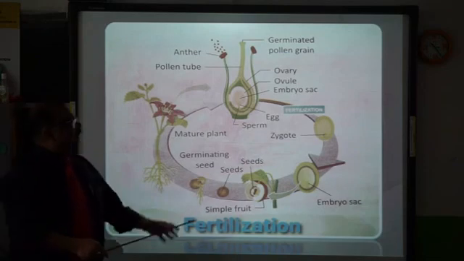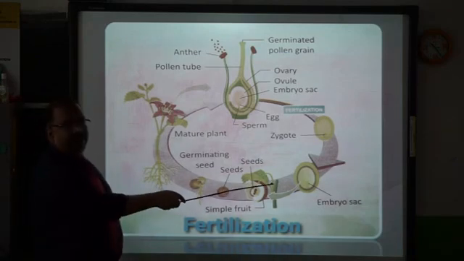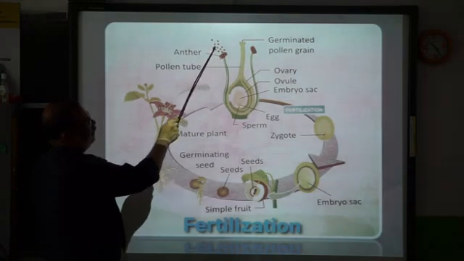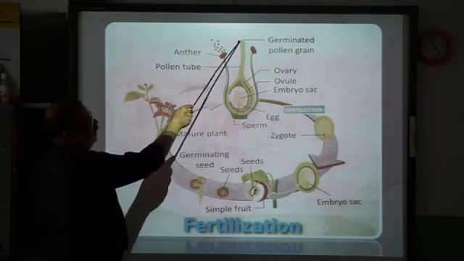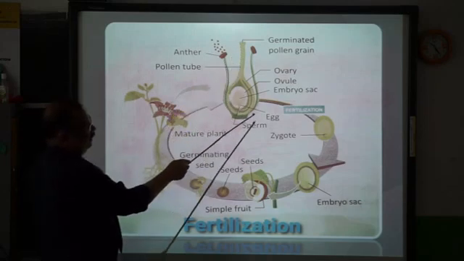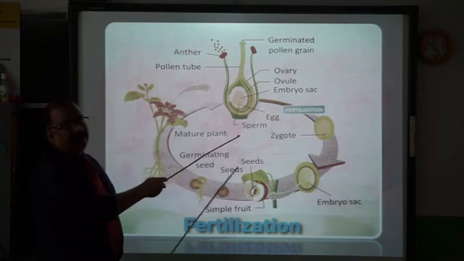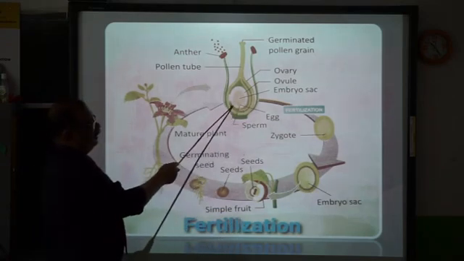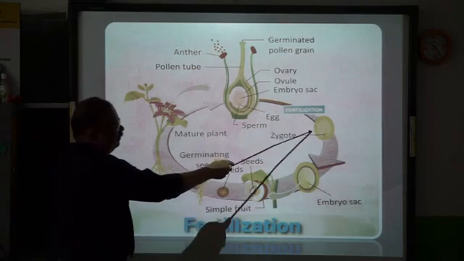Now this is the cycle you can see. Just now what we discussed, it's the same. Anther produces the pollen grains, it comes to the stigma and then the pollen tube goes inside and inside this, the male and female gametes fuse together and produce zygote. Okay?